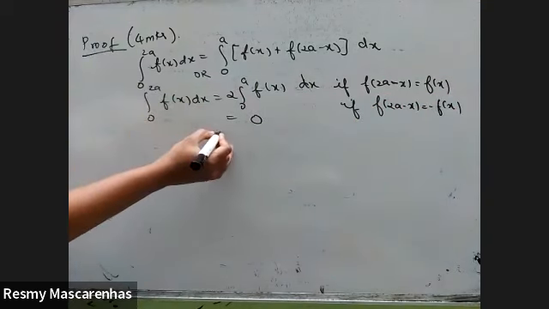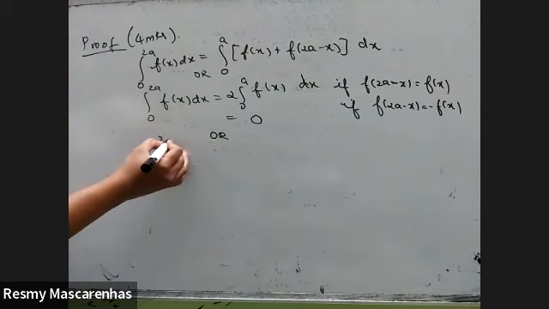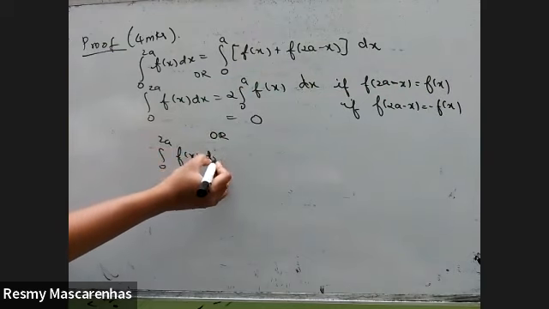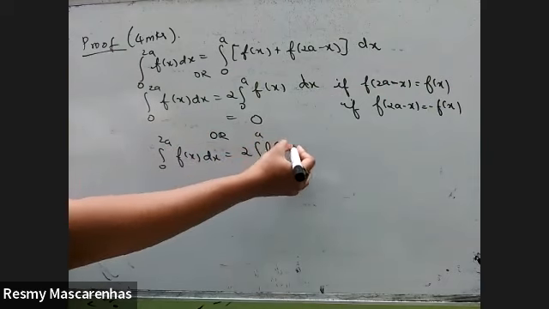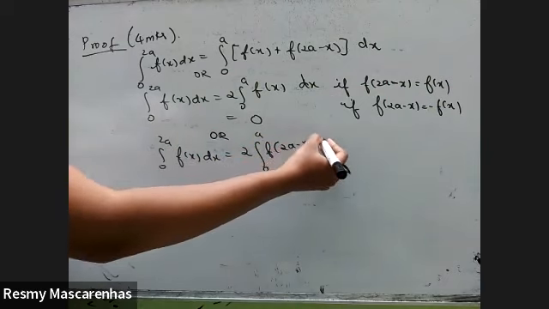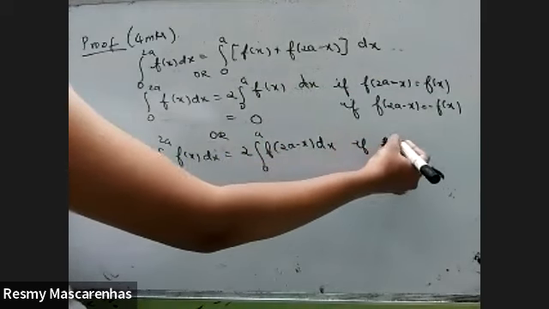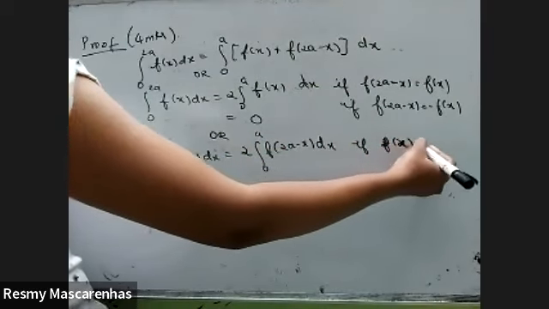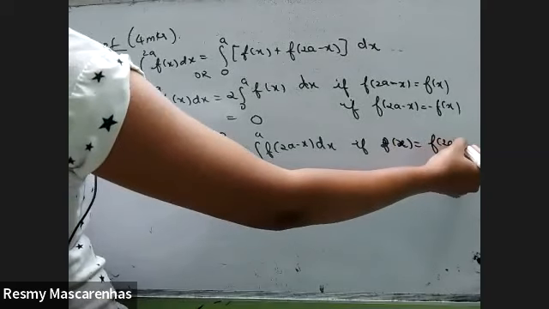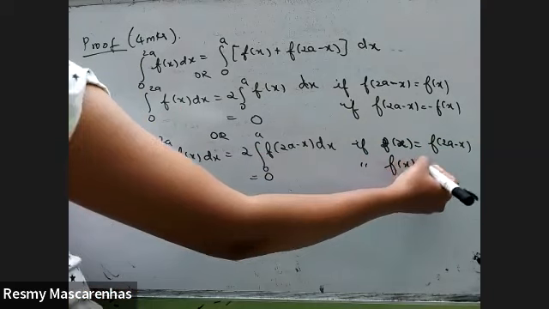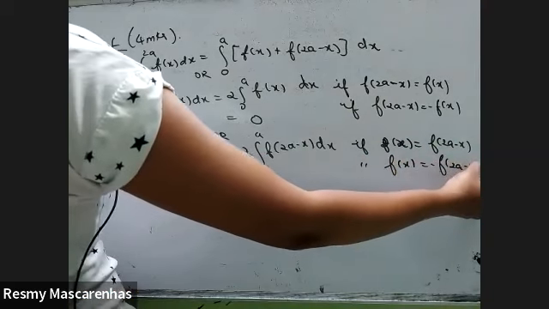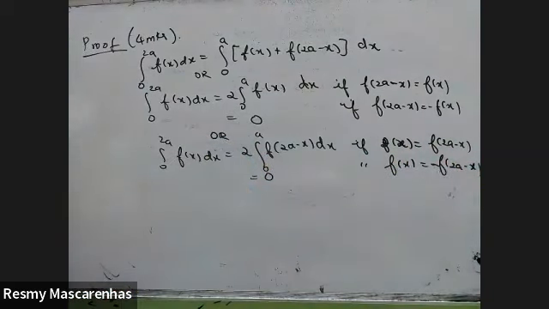Or 0 to 2a f of x dx is equal to 2 times 0 to a f of 2a minus x dx if f of x is equal to f of 2a minus x, and equal to 0 if f of x is equal to minus f of 2a minus x. It is the same proof, can be asked in 3 ways.